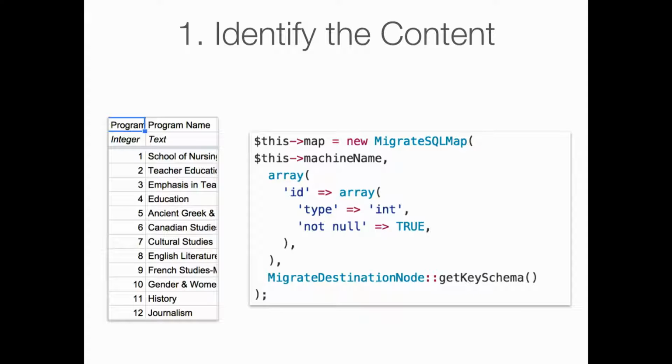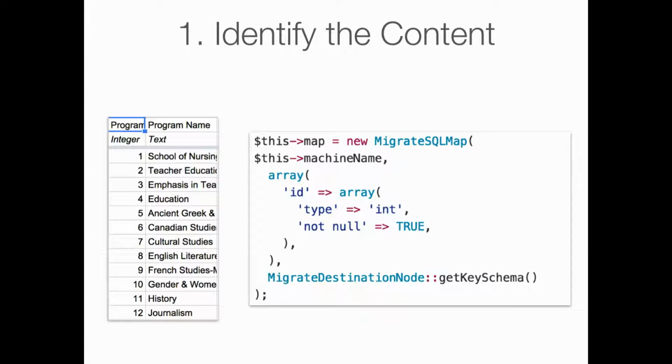And what lets Migrate roll back is that it has a way to identify everything you've imported. So it has to have some unique way of identifying content. And this could be anything, right? This could be an ID that you give the content, or it could be text. But it has to be something that's unique.